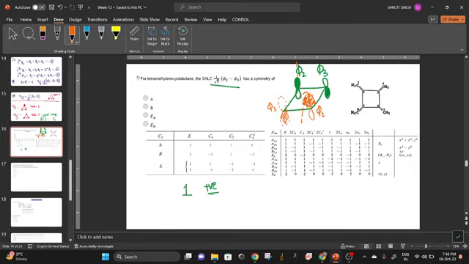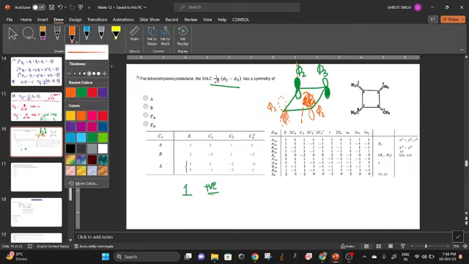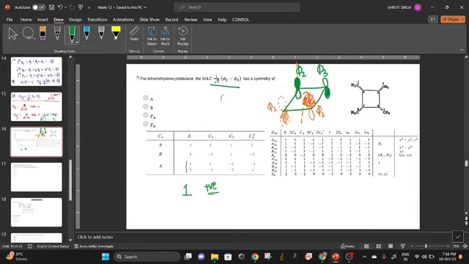So here what will happen? They have changed their places. So it is like now phi 3 minus phi 2. So the character should be -1 here.